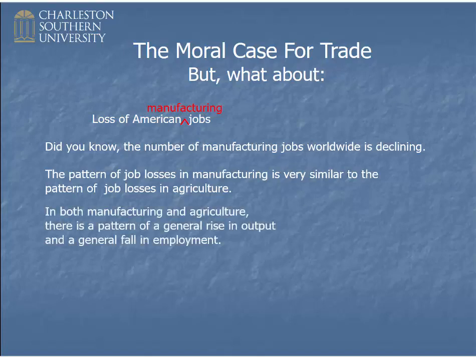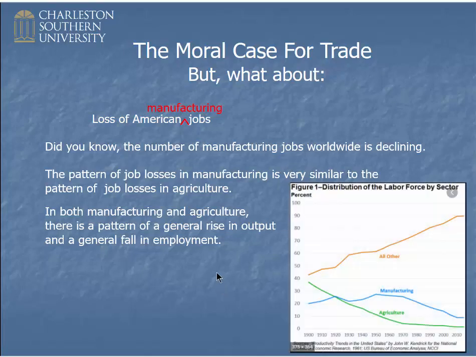In both manufacturing and agriculture, there's a pattern of a general rise in output. So we have more and more manufacturing in the United States, which probably some of you didn't know, but the number of jobs associated with manufacturing is falling, and it's been falling for quite a while. This trend in agriculture started over 100 years ago, probably in the 1860s, 1870s.